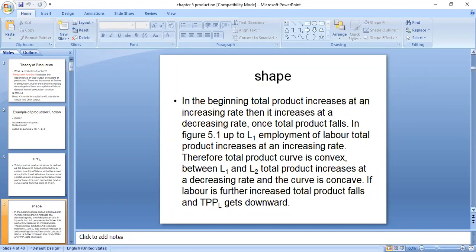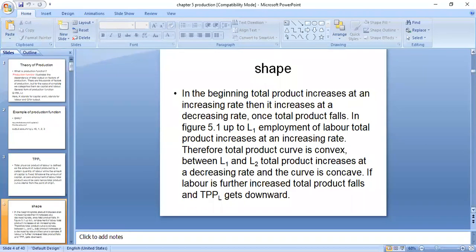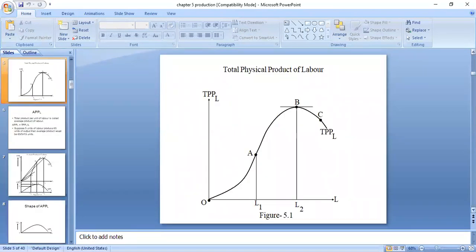Now let's look at the shape in the picture, figure 5.1. So the 0, L1, okay. Your output starts from where?